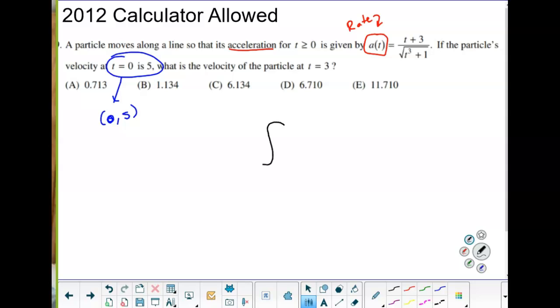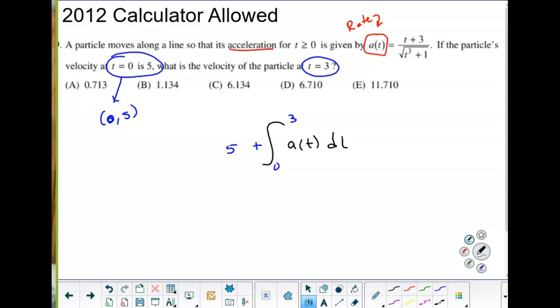Accumulation of acceleration gives us velocity. So, if I accumulate the acceleration for the first 3 seconds, minutes, they don't tell us, so we're going to go from 0 to 3. However, what do I need to do? I need to account for what was the velocity at the start of 0, and that was the initial amount.